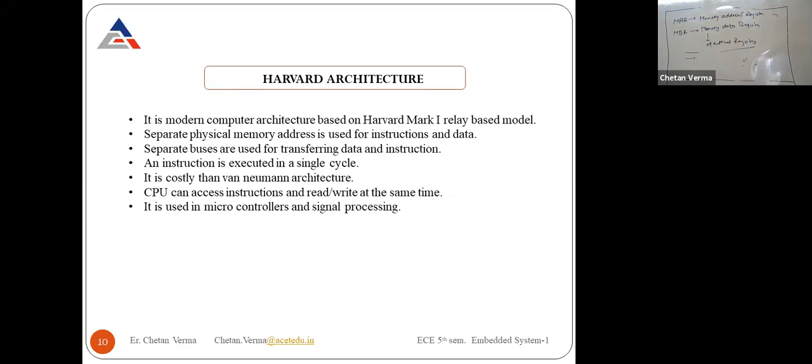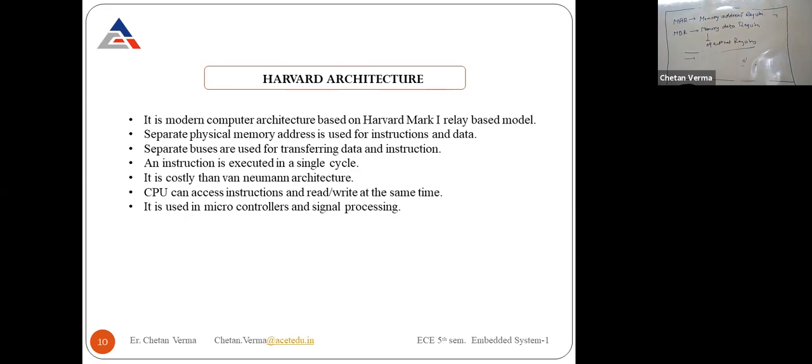Now the last one we have to discuss is the benefits, advantages and disadvantages of the Harvard architecture. These are both differences and benefits. Now, the advantages of the Harvard architecture. Firstly, there is less chance of error since data and instruction are transferred via different buses.